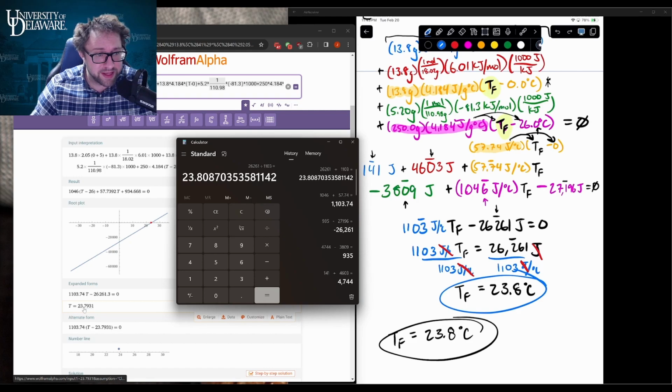This said 23.79, or maybe not the sig fig. The uncertain digits aren't different. In this case, our last sig fig, which is technically the uncertain digit, is the same. But once we look past that, we had 23.81 or 808 versus 7931. This little difference here is due entirely to me rounding in the middle of my problem.